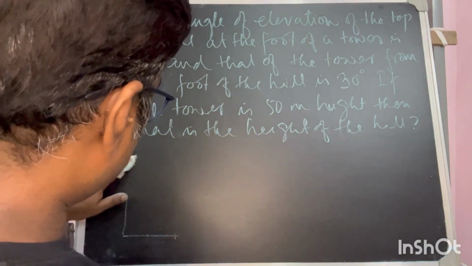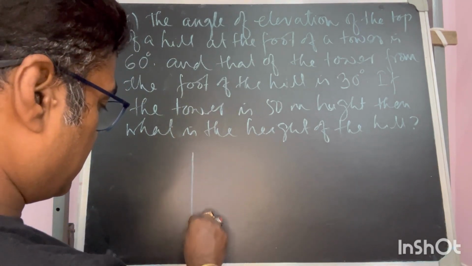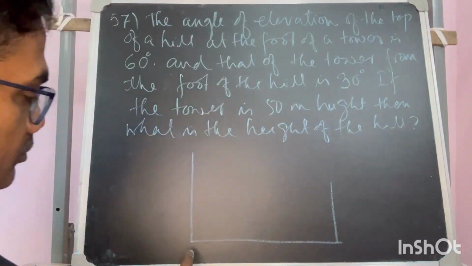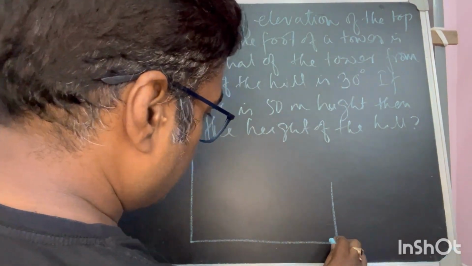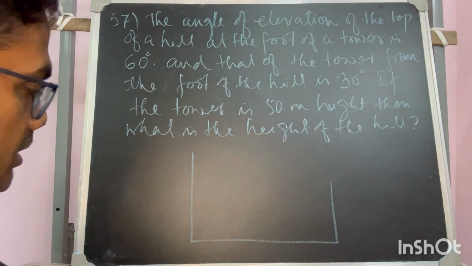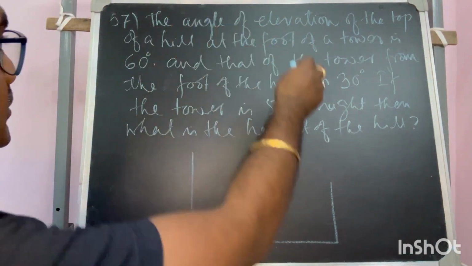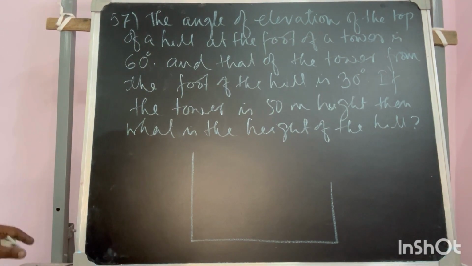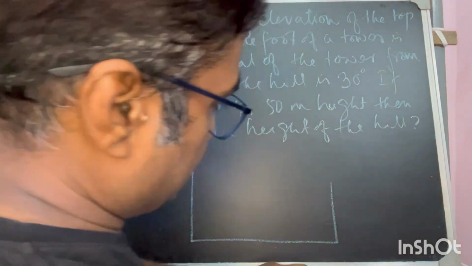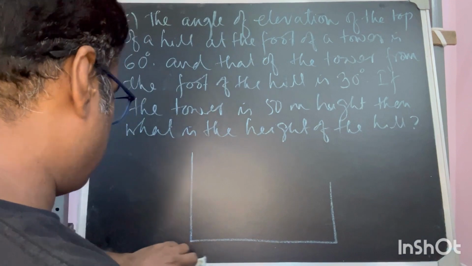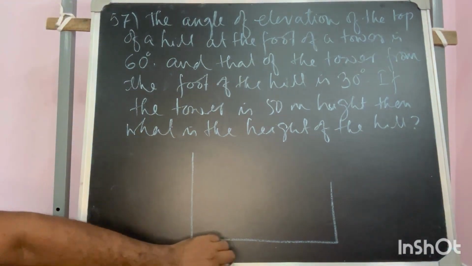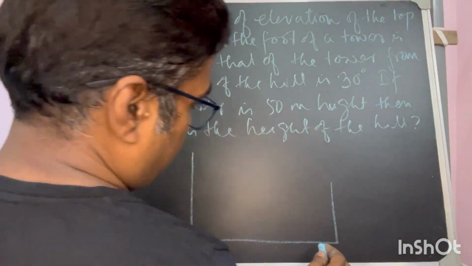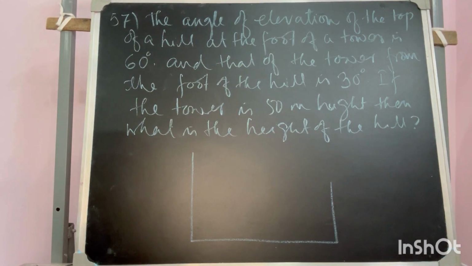So from that concept, if I draw, this is your hill, this is your tower, they are in a horizontal plane, there is no elevation difference, that you have to assume, because that is not said in the question. This has to be assumed, that they are in a plane where there is no elevation difference between their footings. So that has to be a fixed condition that is to be assumed.